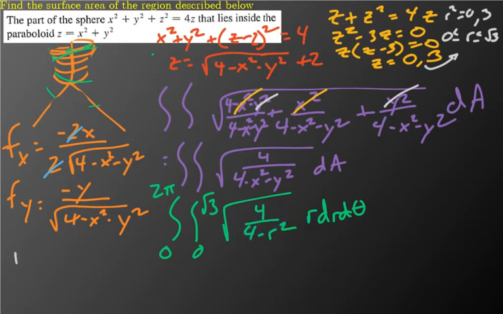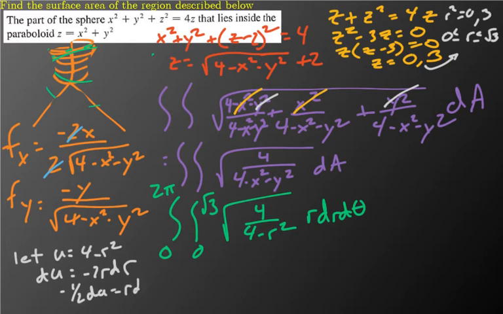So let u equal 4 minus r squared. du is minus 2r dr. So then negative a half du is r dr, which is what I've got right there. And this is another one too: there's nothing here that has to do with the angle. So really I can just scale it by 2 pi.